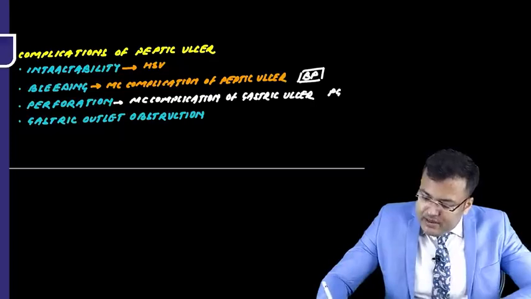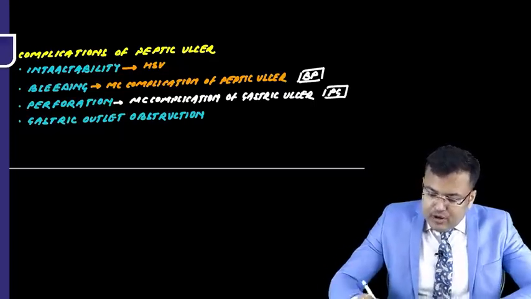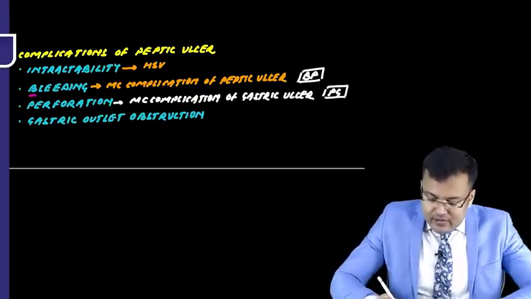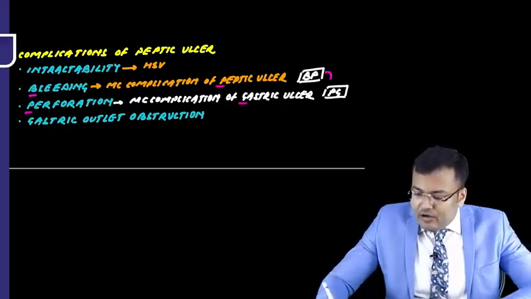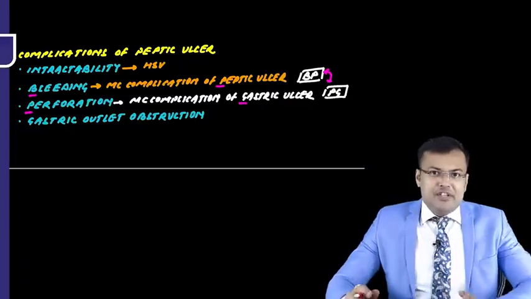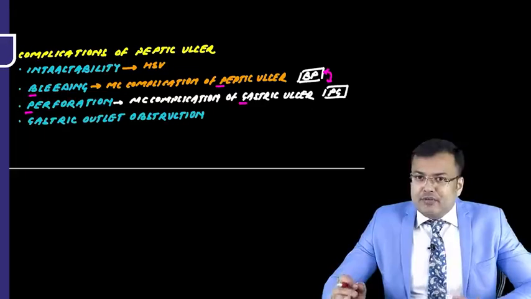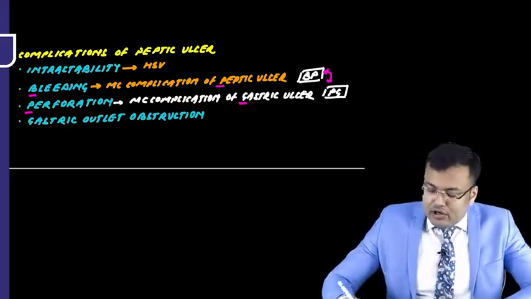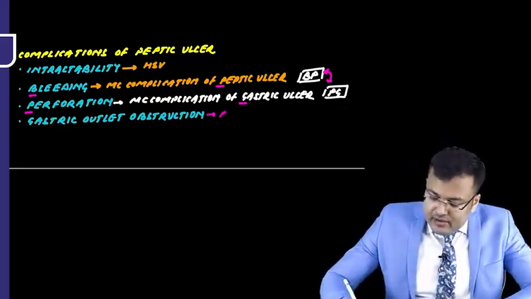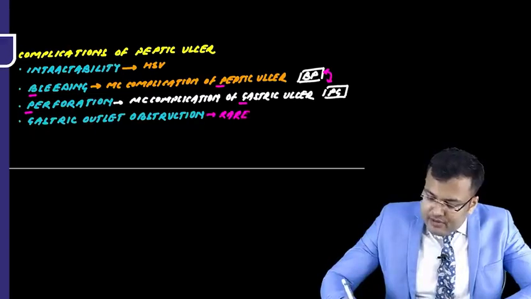It is PG. Perforation, gastric ulcer. So bleeding, peptic ulcer; perforation, gastric ulcer. BP taken by PG. Gastric outlet obstruction is a rare complication of peptic ulcer.